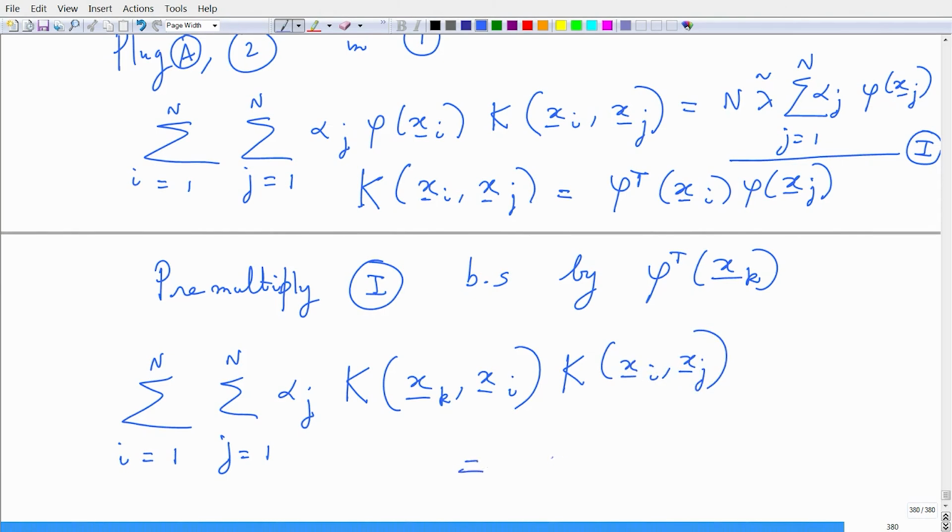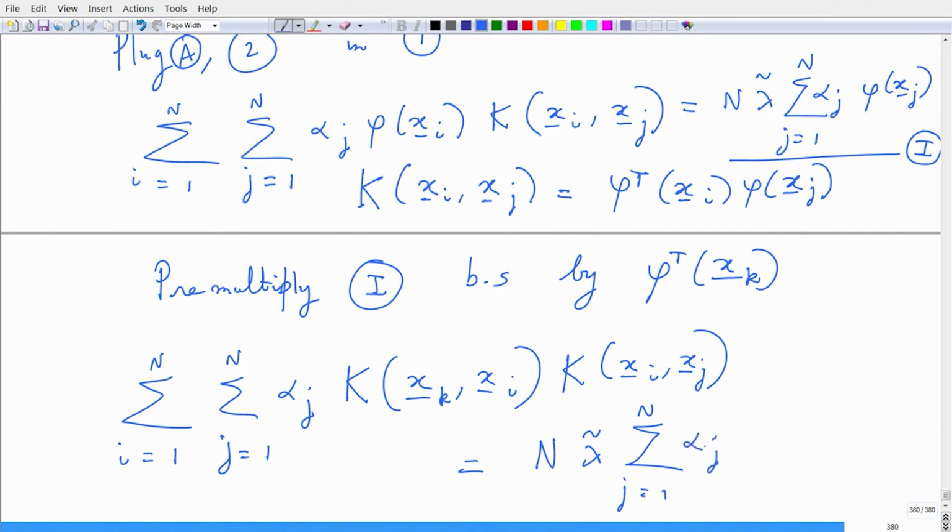On the right hand side of equation 1, when I multiply by phi transpose xk, I get n times lambda tilde, summation j equals 1 to n alpha j.